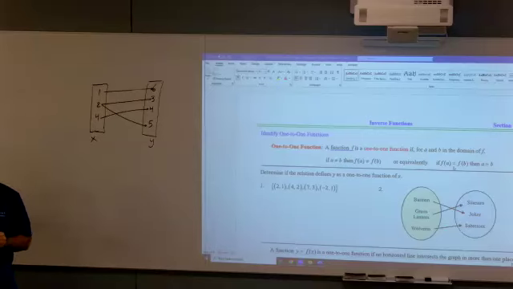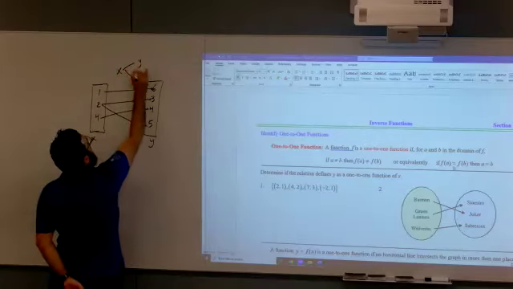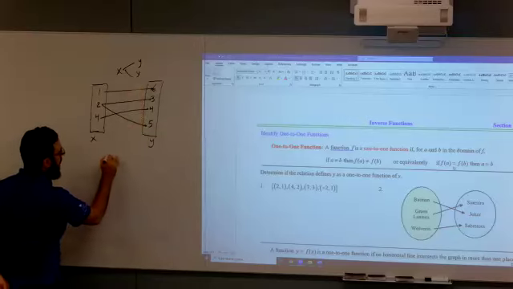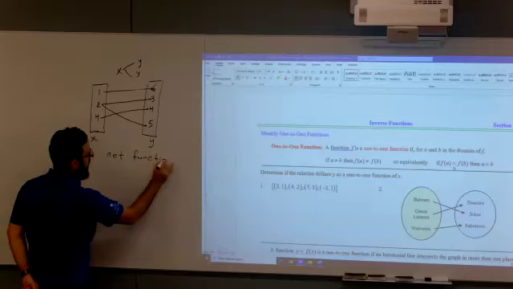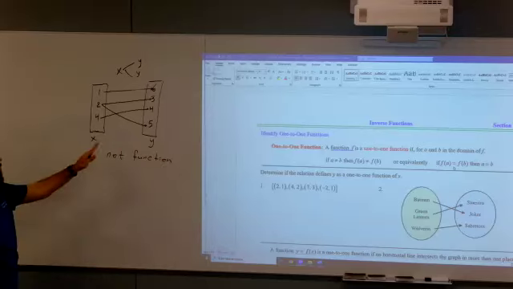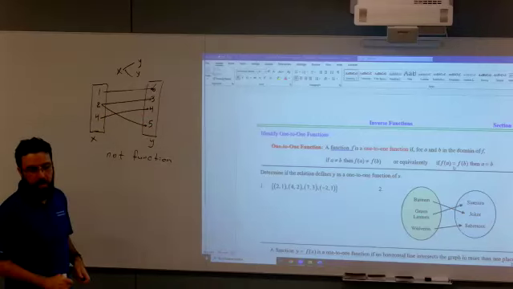But can 1 person go into more than 1 place at the same time? No. So when you have 1 x going to 2 y's, it's not a function. This is the condition that makes the relation not a function.